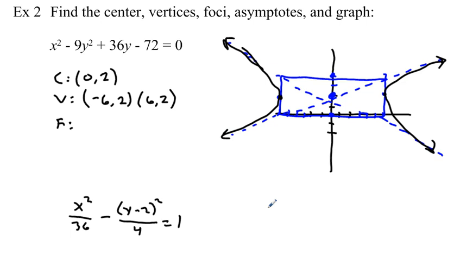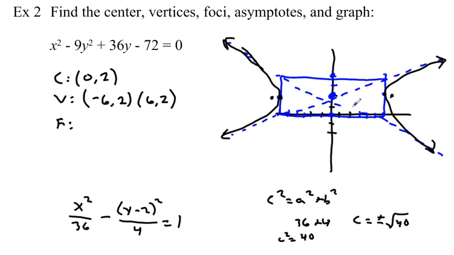To find my foci, I have to use this equation. And this equation, it looks like the Pythagorean Theorem. Works the same way. So let's put our a squared and b squared in here. So that's 36 plus 4. We get 40 for c squared, which means c is plus or minus the square root of 40. Square root of 40 is, I don't know, it's like 6.3 or so. If you want to call it 6.3 and count 6.3 to the left, 6.3 to the right, you've got your foci.